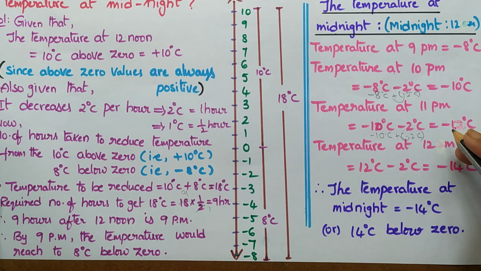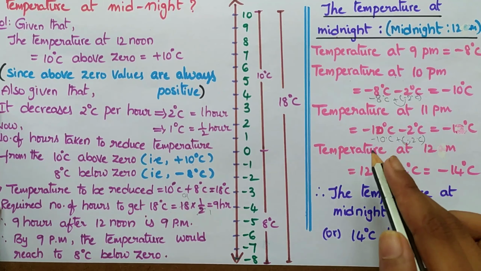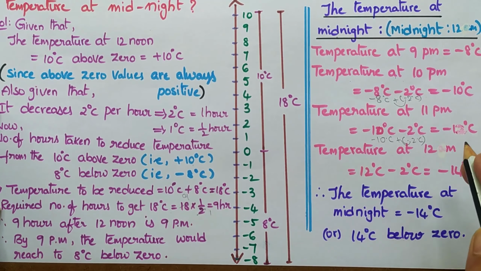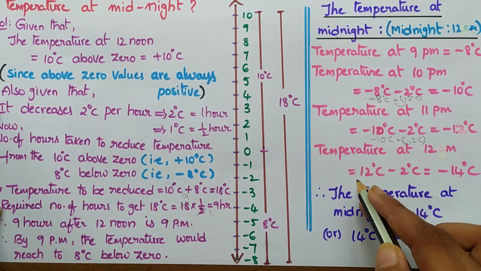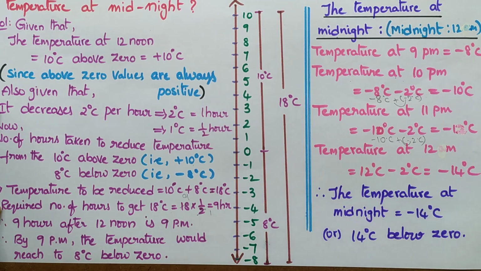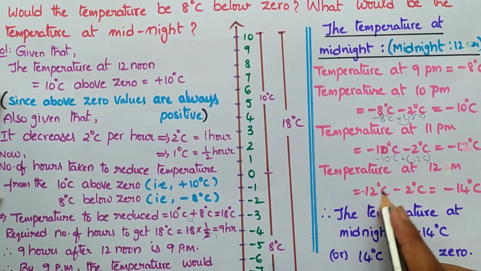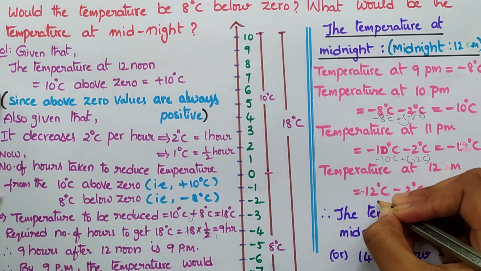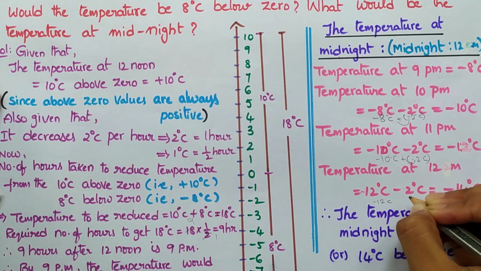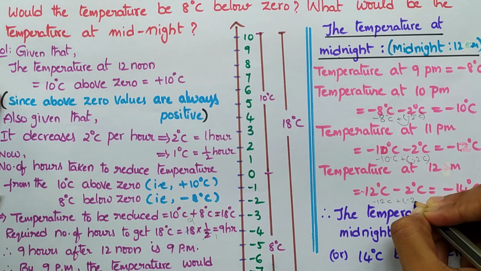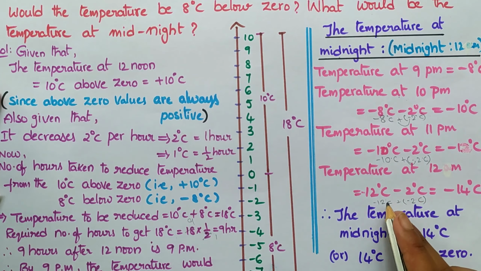Now let us see the temperature at 12 a.m., that is midnight. The temperature at 11 p.m. is minus 12 degrees Celsius, so here it is minus 12 degrees Celsius plus of minus 2 degrees Celsius.